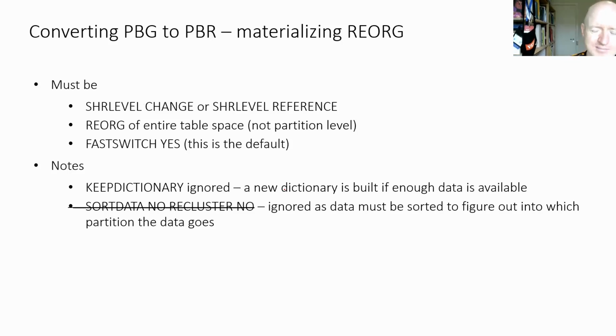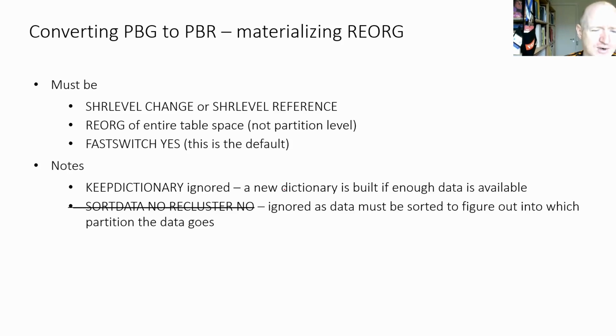The materializing REORG again must be SHRLEVEL CHANGE, or SHRLEVEL REFERENCE. It must be a REORG of the entire table space, not on the partition level. FASTSWITCH yes, as we discussed before. KEEPDICTIONARY will be ignored, and REORG will build a new dictionary for each partition, assuming there's enough data available in that partition.